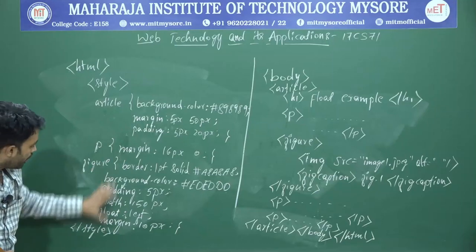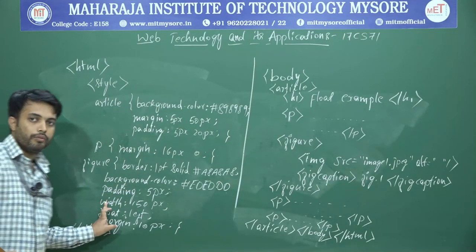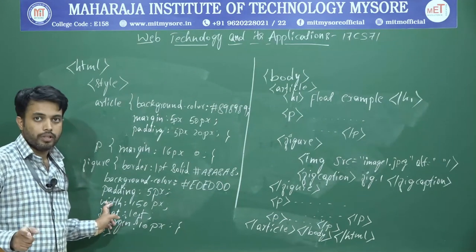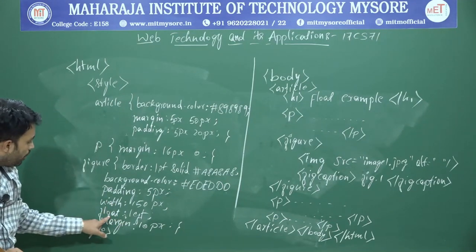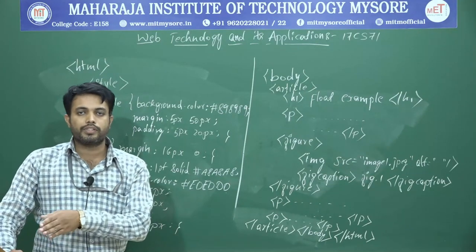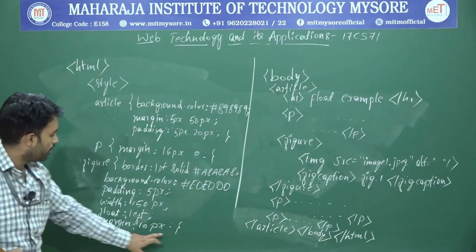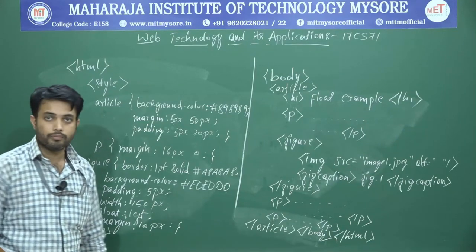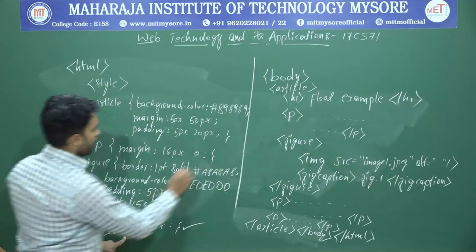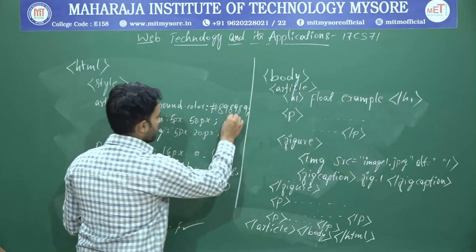For that I have written one more style with the border, background, padding, width. Width is compulsory for a block level floating element. And float is left, that means the figure always appears on the left side of the web page. Next margin is 10 pixel. Now you can observe that there is a margin here, and within p also we have a margin, and here also we have a margin, right?